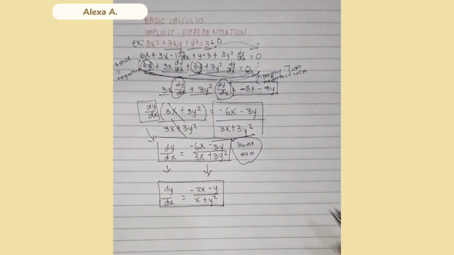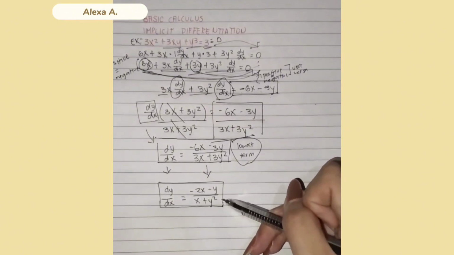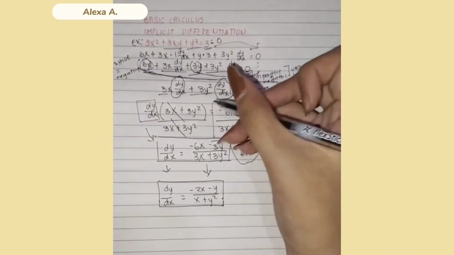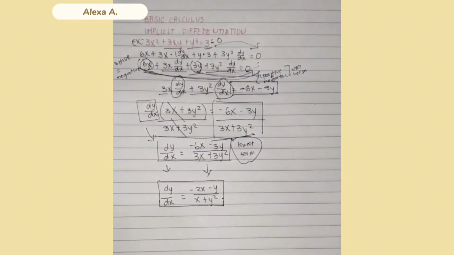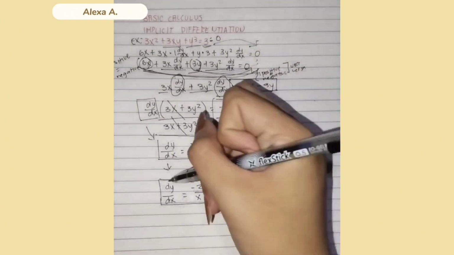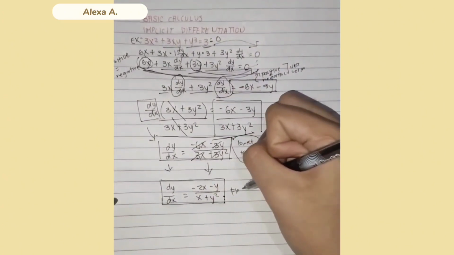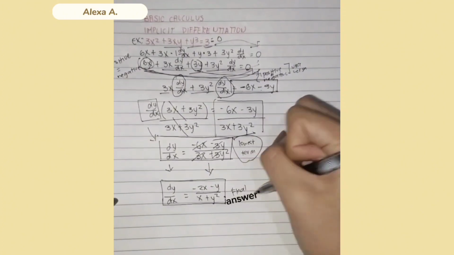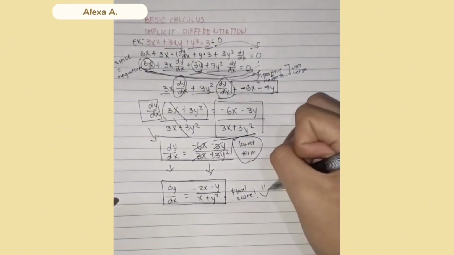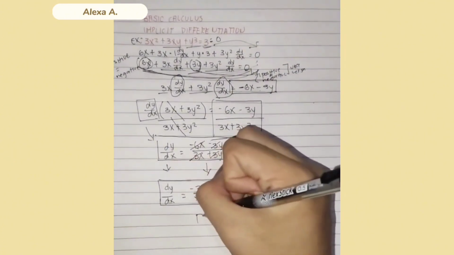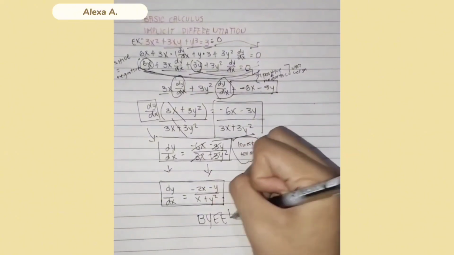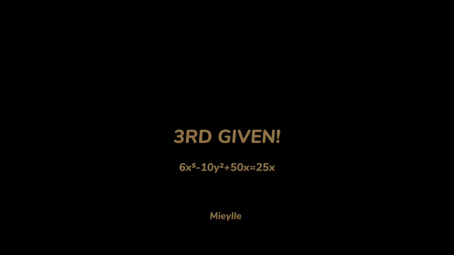If you are wondering why it became like this, because we can reduce to lowest terms. Because of that, this is our final answer. We are done. Bye. Now, let's proceed to the third given.